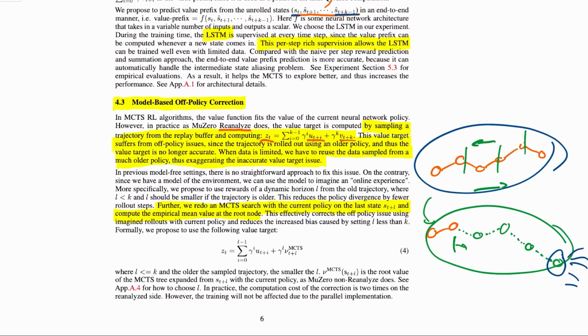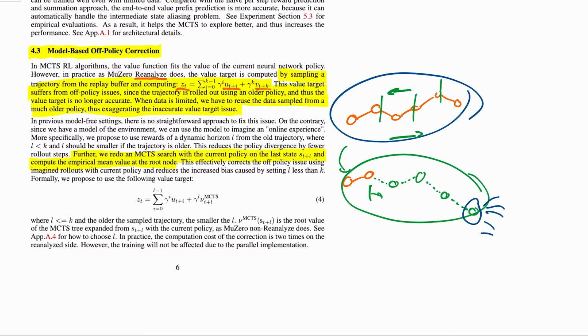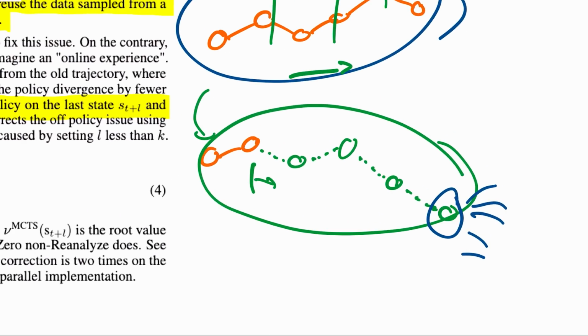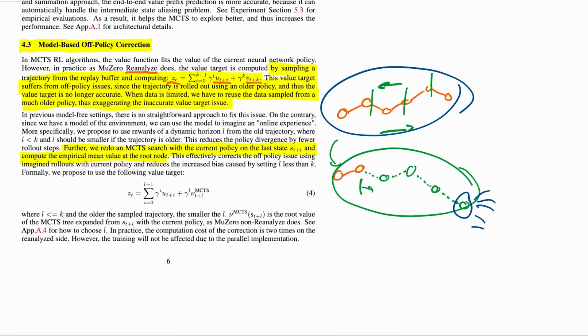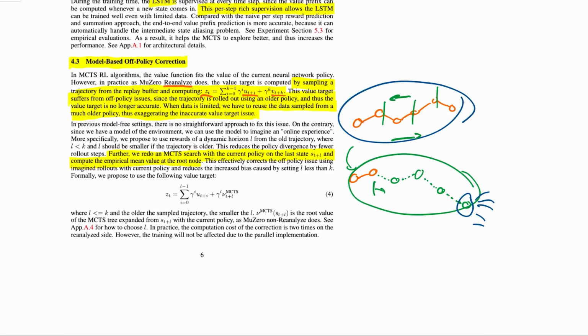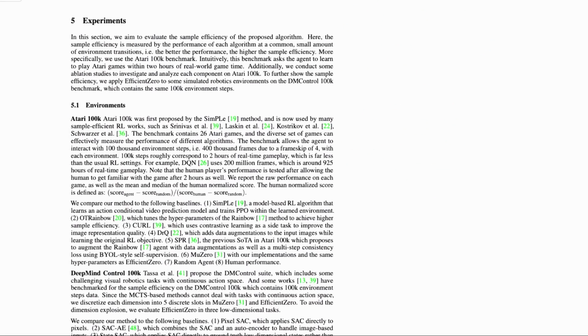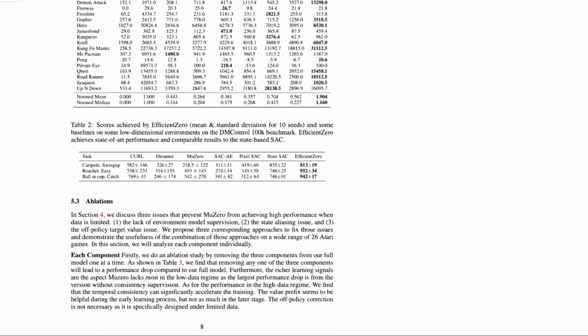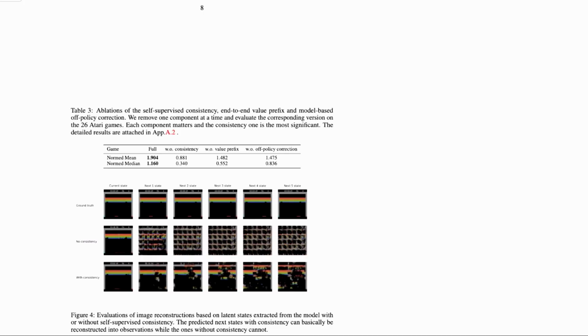And thirdly, they use the collected trajectories as seed values and then train essentially in half-imagined rollouts with the current policy. So that's it. So what does that give them? It gives them very good performance on this Atari 100K benchmark.